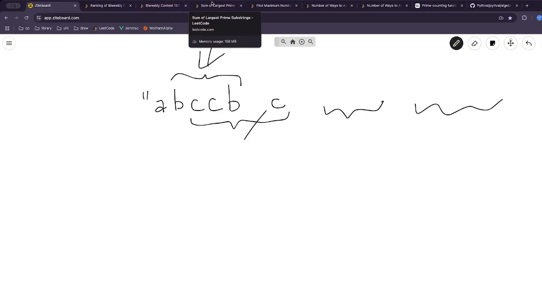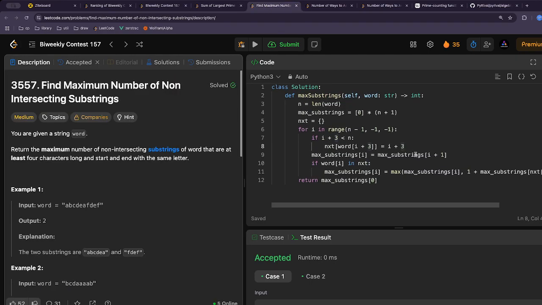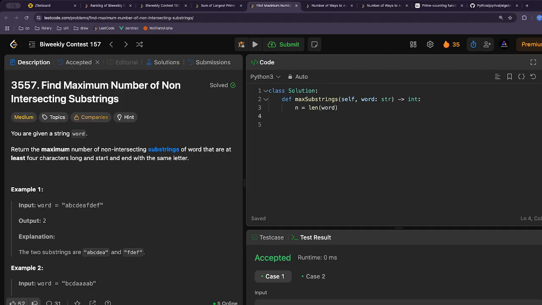And so now we can remember the index of... we want to know if we can finish a substring, right?